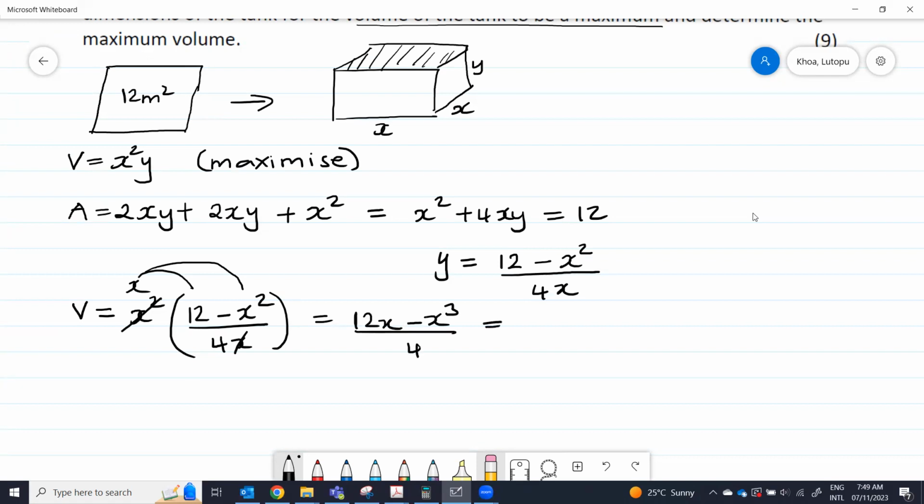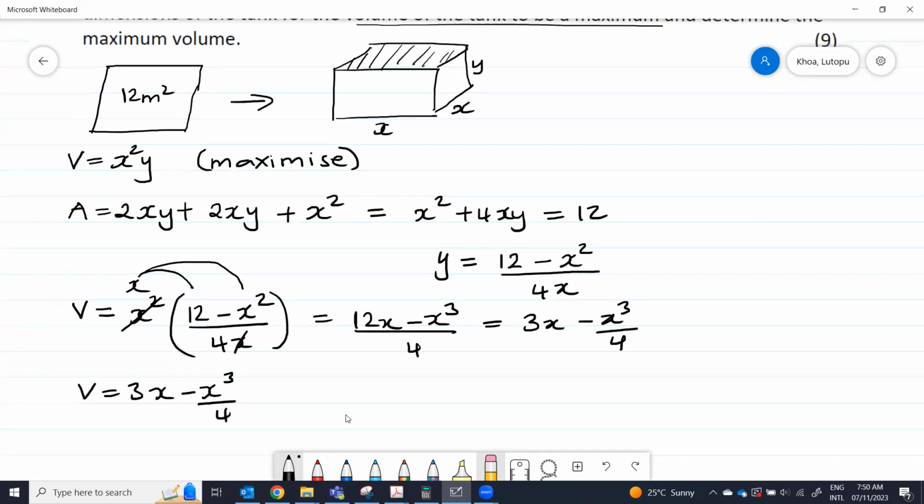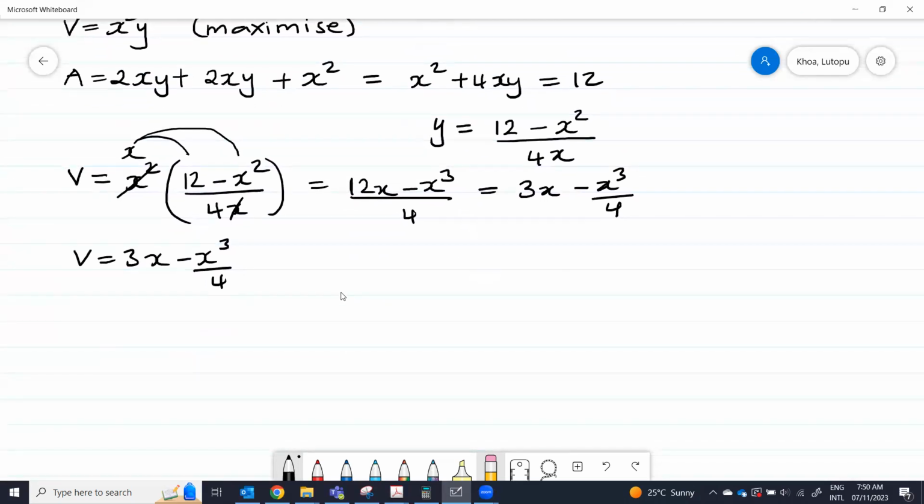Okay, and we can rewrite this as 3x minus x cubed over 4. Okay, so this is our formula for the volume. Now it has only one variable. Then we proceed to solve it as we do when we're maximizing. We will differentiate. So we find dV/dx.